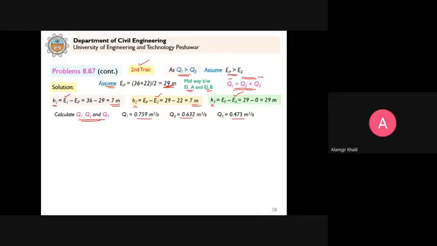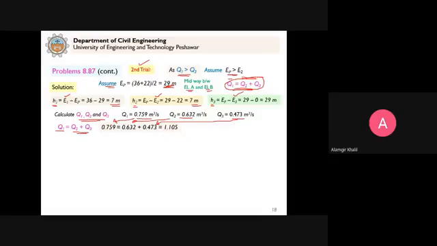And now this equation we have to satisfy. So Q1 should be equal to Q2 plus Q3.